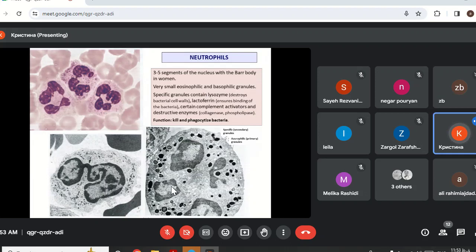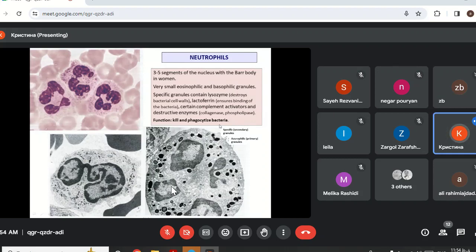First, neutrophils. They have from 3 to 5 segments of the nucleus with a bar body in women, very small eosinophilic and basophilic granules in cytoplasm, and they have specific granules which contain specific proteins which serve the functions of neutrophils.